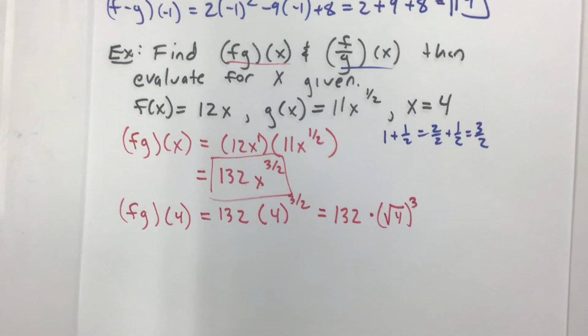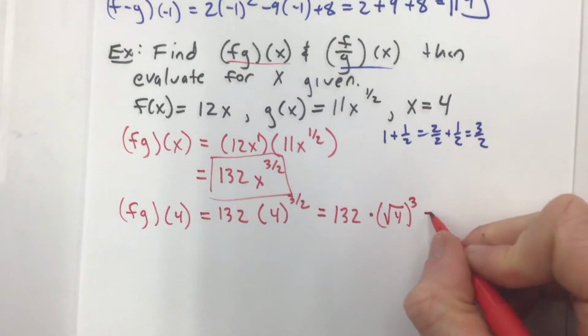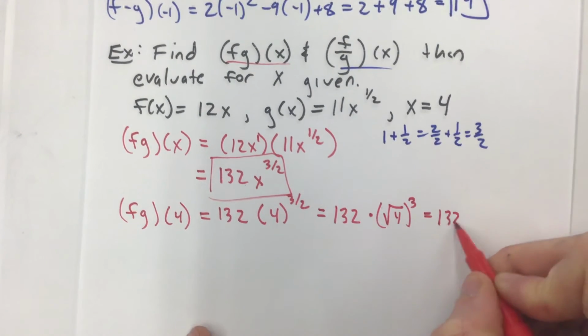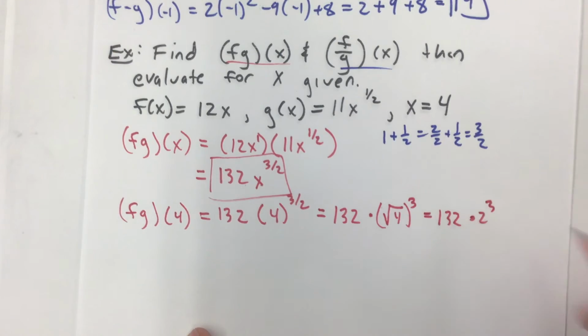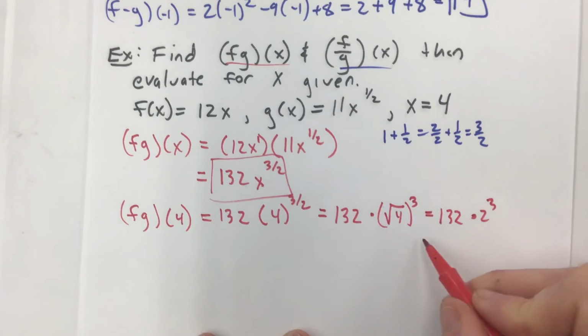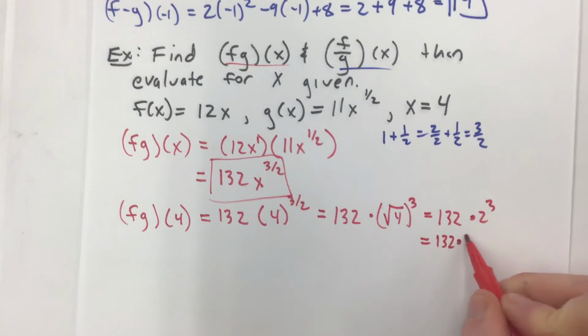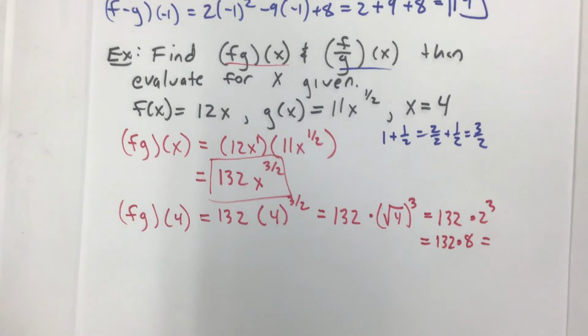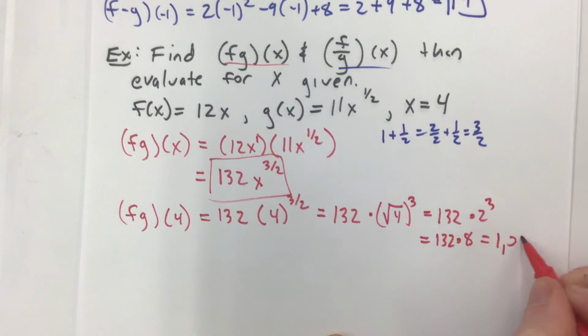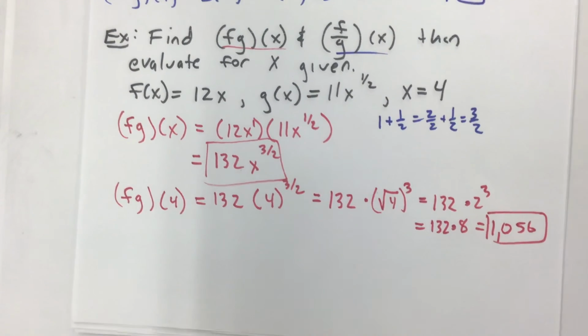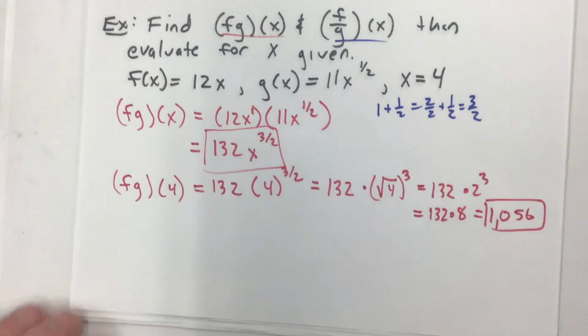Remembering our rule for changing fractional exponents to rational expressions. Gives me 132 times 2 cubed, which equals 132 times 8, which is going to be a big number, which is 1056. So our answer for f times g of 4 is 1056.